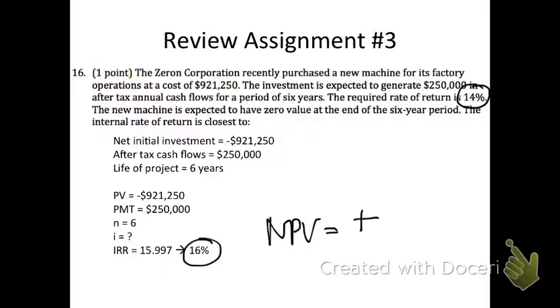And I don't remember what that number is. I think it's 50,000 something. Just a minute, I'll check. Okay, so that net present value is 50,917. Again, it's a good check to be able to calculate what that net present value is.